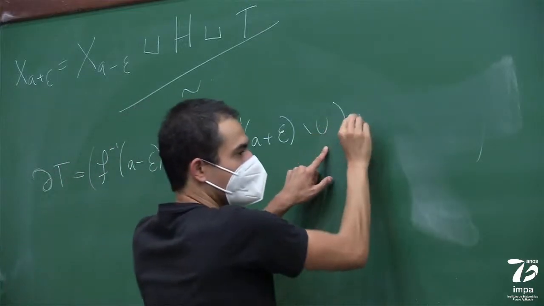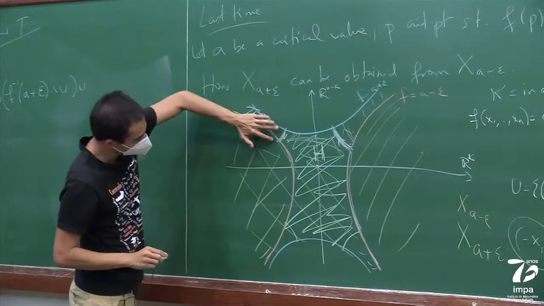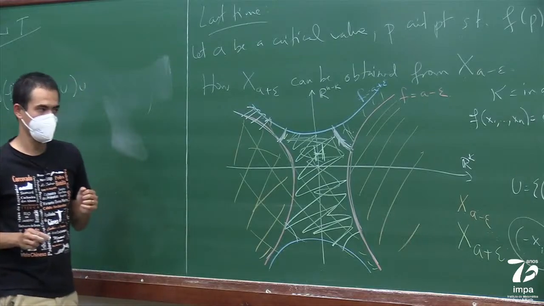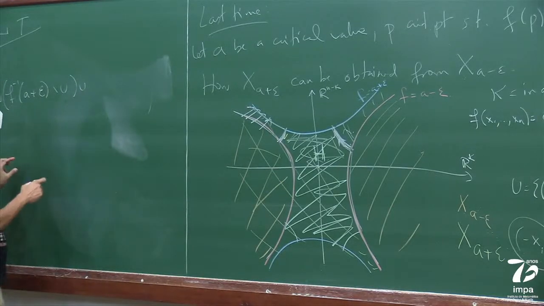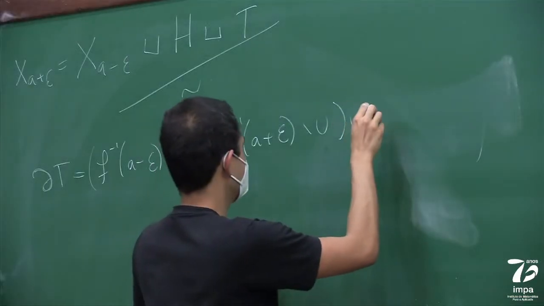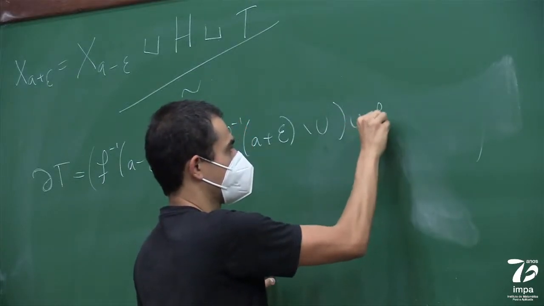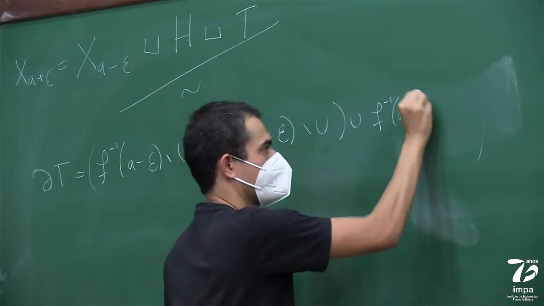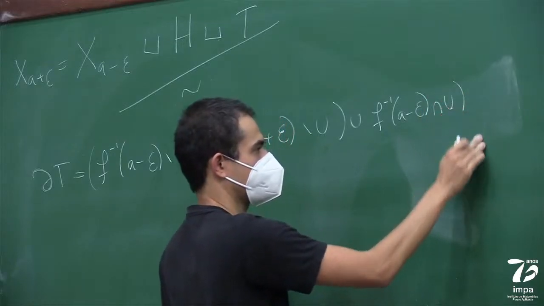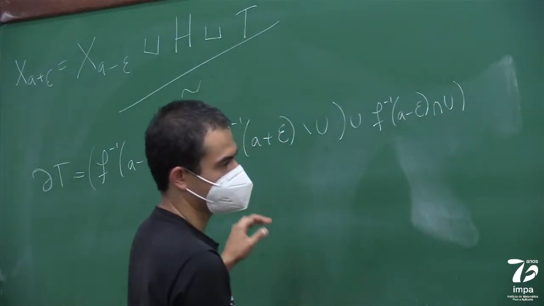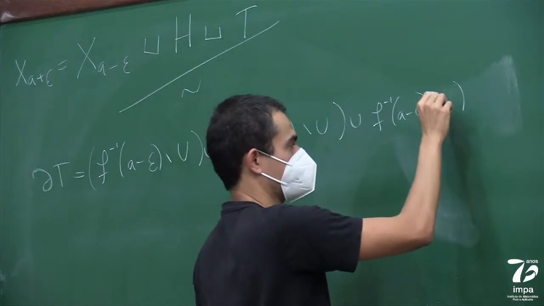And then you have this part, where it intersects the boundary of u, times 0 to epsilon. And then you have this guy here, intersected with u.